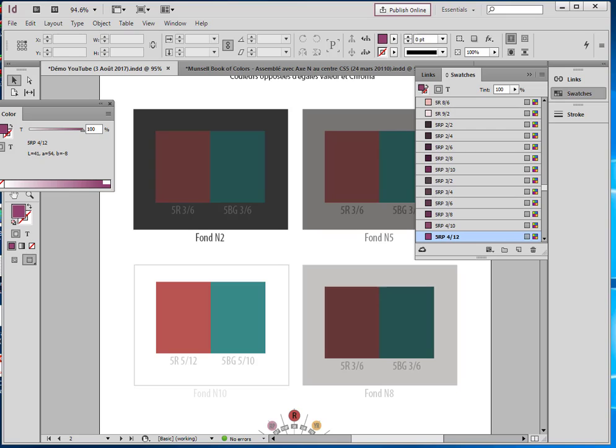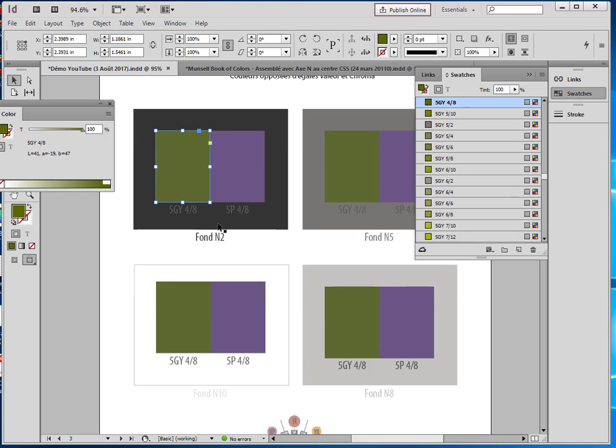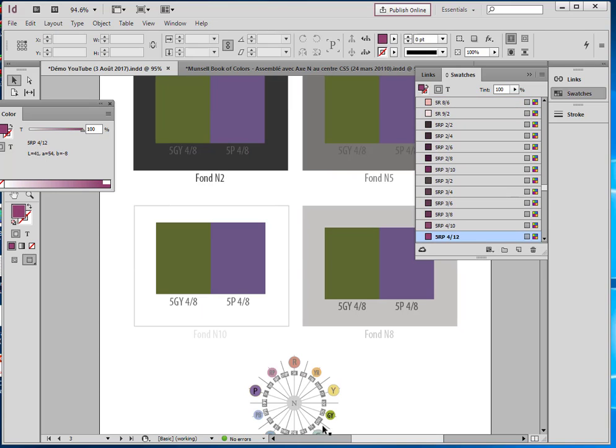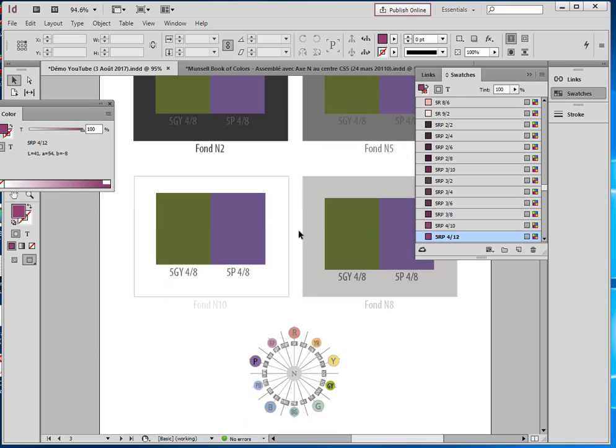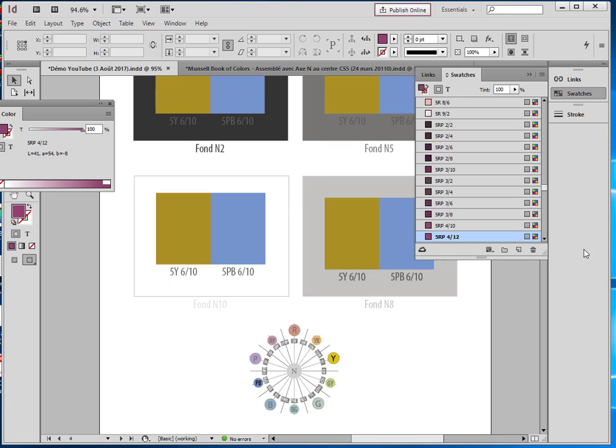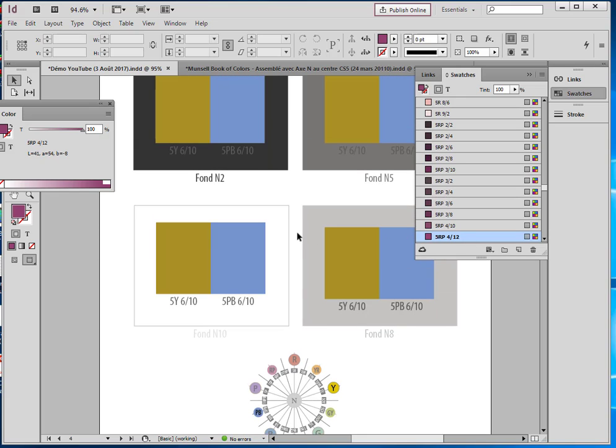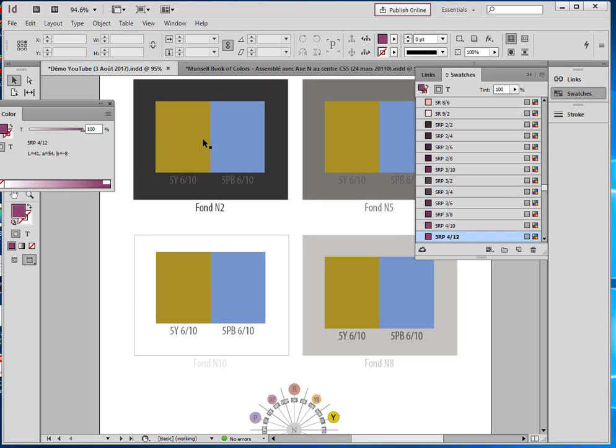So let me go to the next page, see what I have. This is two other colors, the green-yellow paired with the purple. These two colors at the bottom. See, they're opposed. Now let's go to the next page. Now we have here blue and yellow. This is the blue, this is yellow. In this instance, they have a higher value.